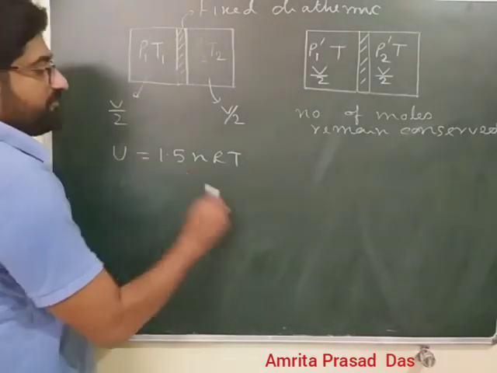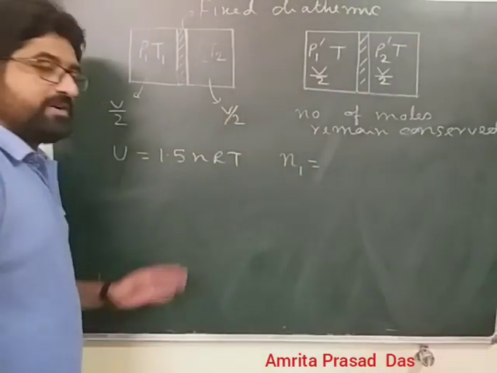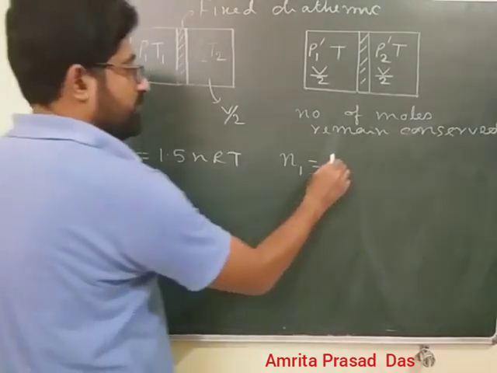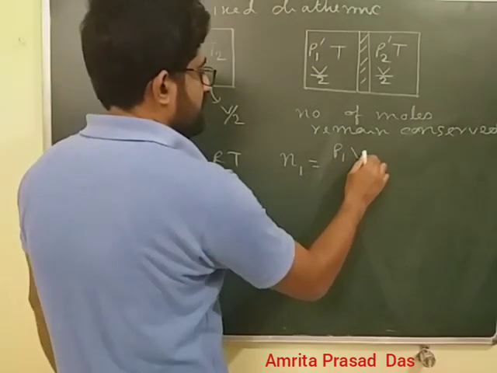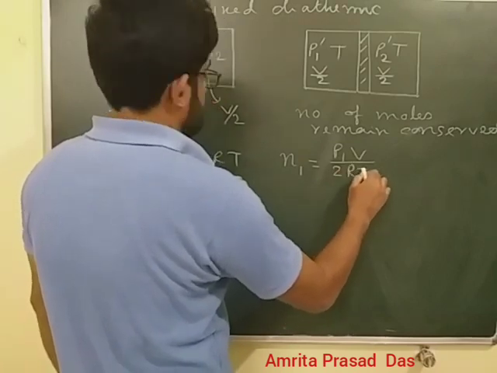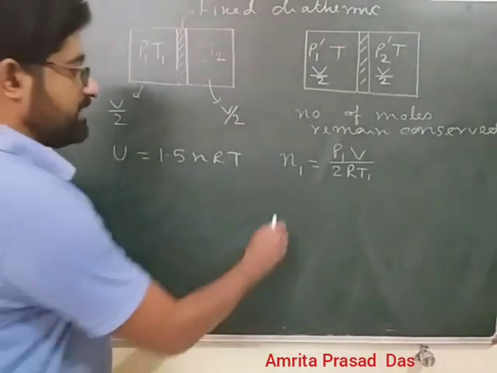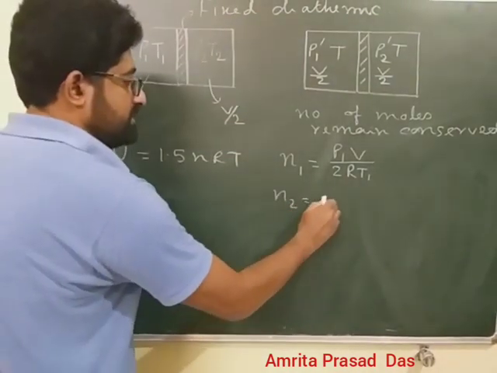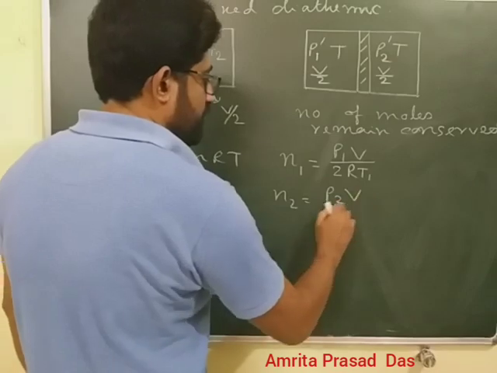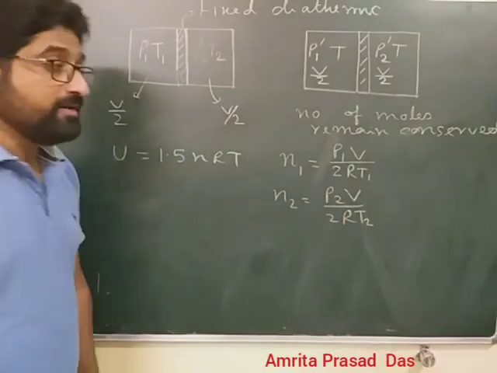Initially, we know that PV is equal to nRT. Therefore, N1 is equal to P1 V by 2 R T1, and N2 is equal to P2 V by 2 R T2.